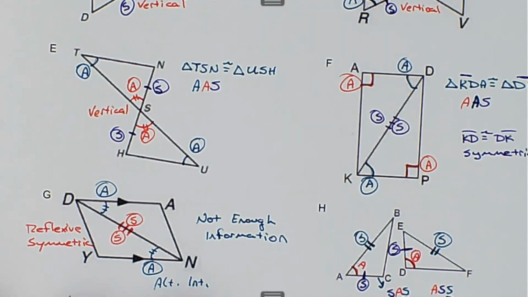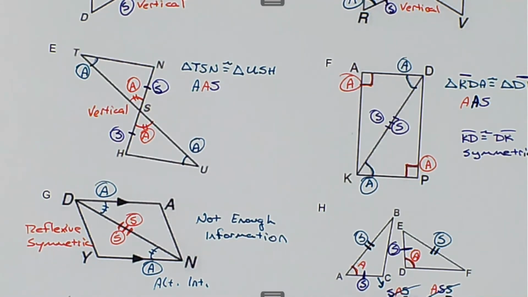So this does not produce a congruent triangle shortcut because they're not corresponding sides. We've been given the sides, but they're not corresponding.